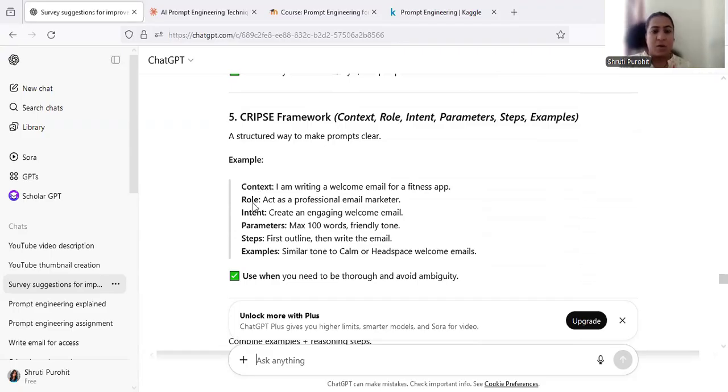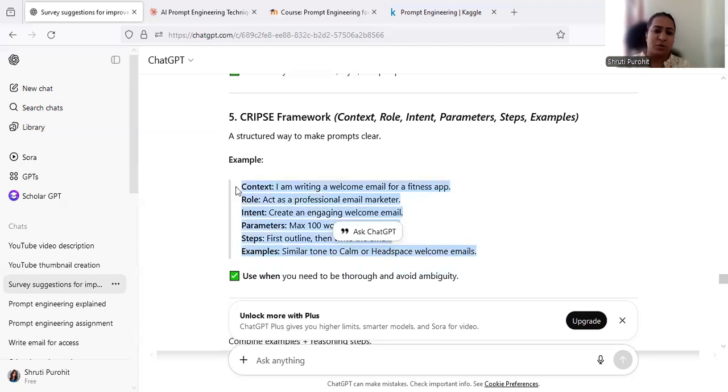Let's discuss it again. First of all, if you want to write a prompt, how will you write it? We don't remember sometimes, right? So you just have to remember these words: context, role, intent, parameters, steps, and examples. And accordingly, just provide the answer in front of each. Context is this, role is you have to act as this, intent is this particular task you have to perform, what will be the parameters or constraints, steps, how many steps you want, the formatting should be in which format, in which specification you want it, and you are providing few shots or examples.